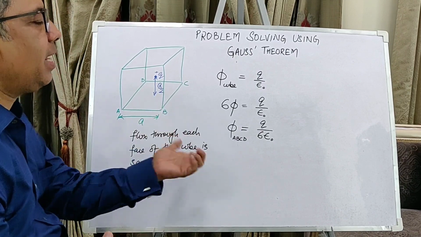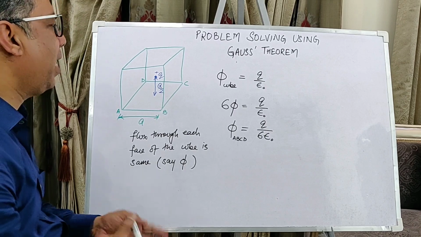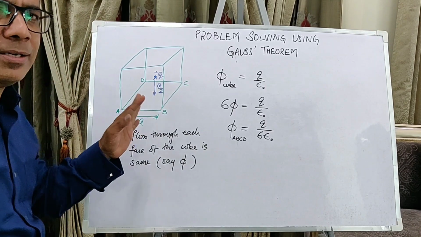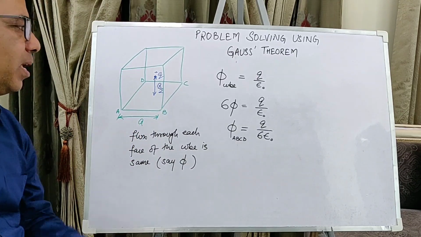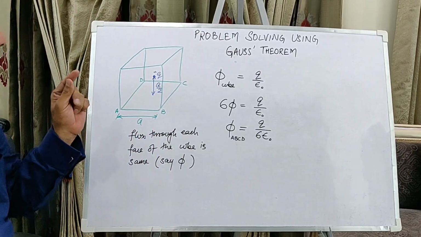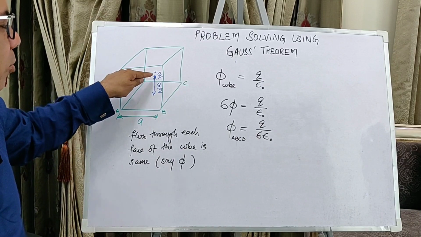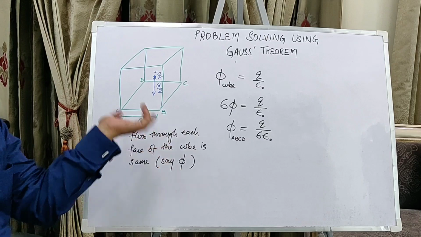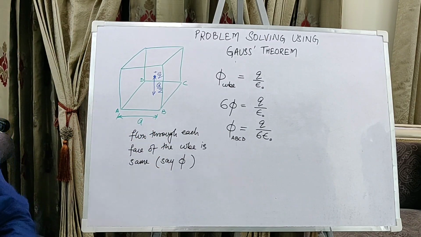Next we take up a slightly more complicated problem where we'll be placing the charge at a somewhat different location. In that next problem, we'll be placing the charge Q at one of the corners, and then we'll calculate the flux through the faces of the cube.